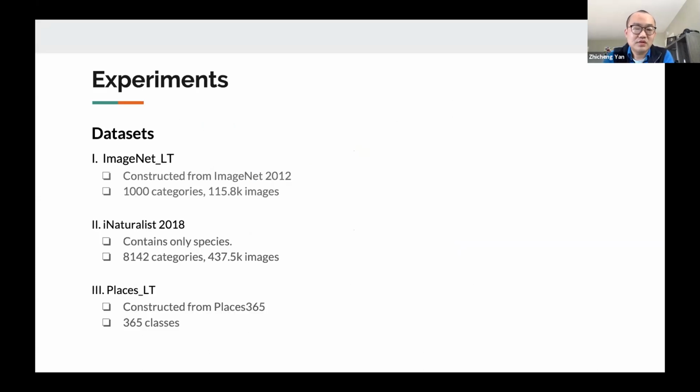So here I'm going to present some results on 3 datasets. The first dataset is actually from the paper the previous presenter talked about. It's a subset of ImageNet. It's 1,000 categories as well, but the distribution is highly skewed. We also evaluate on iNaturalist, and the Places long-tail dataset, which is also created from the original Places dataset.